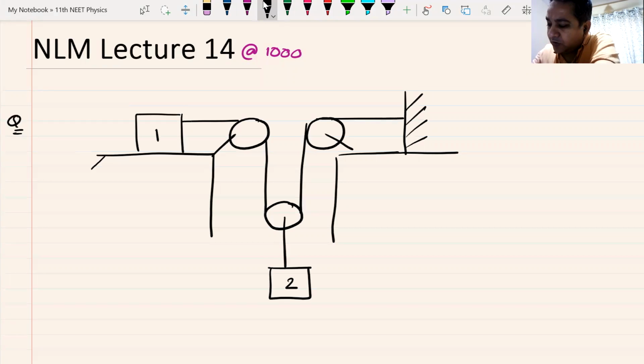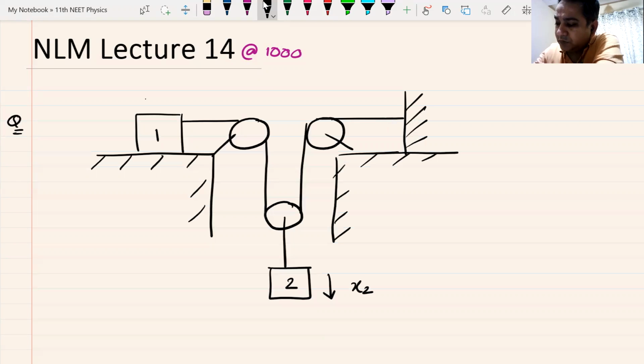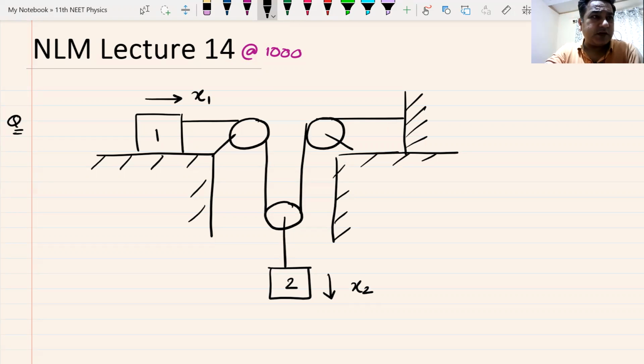There was this block, block two. This block is moving down, x2. This block will move here, x1. You were supposed to find the relation between x1 and x2. Did you find it out? Did you try it?